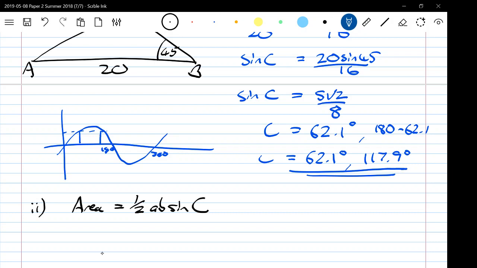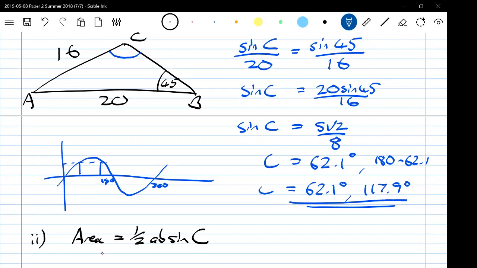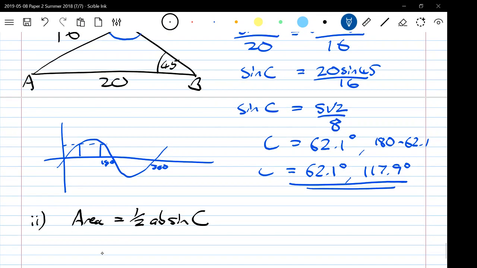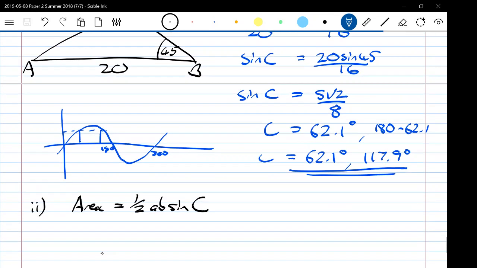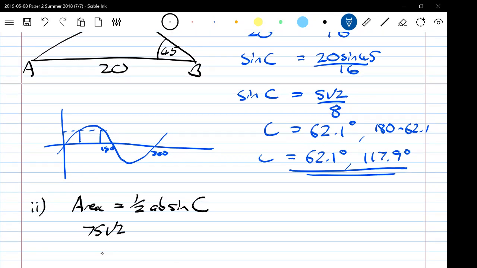So it's the angle and two sides adjacent to it. So if we focus on that little bit of CB and AB, then we're told that the area, 75 root 2, is a half times 20 times BC times sine 45.